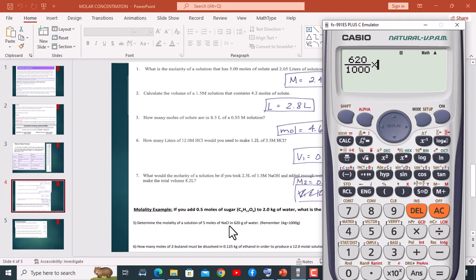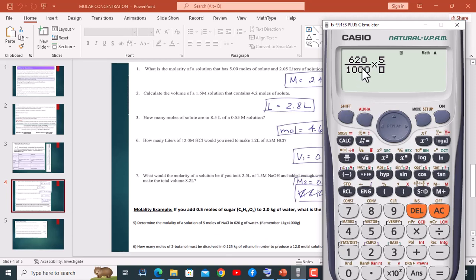I know it's the number of moles which I have here divided by the volume. Okay, let me do this. Here I was just converting the mass, but I know concentration is the number of moles, which is 5, divided by what? Divided by the volume.